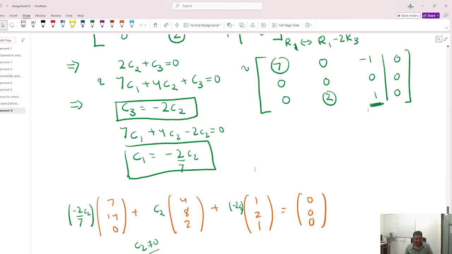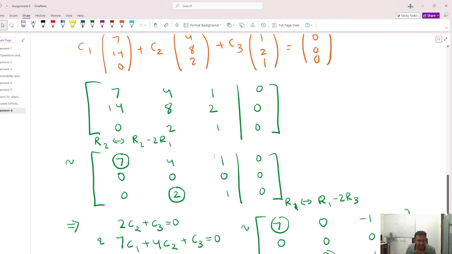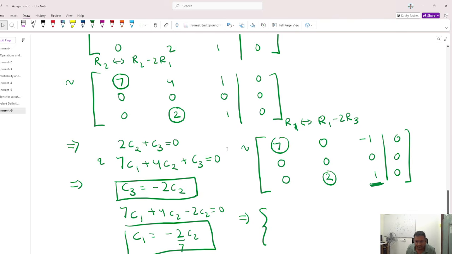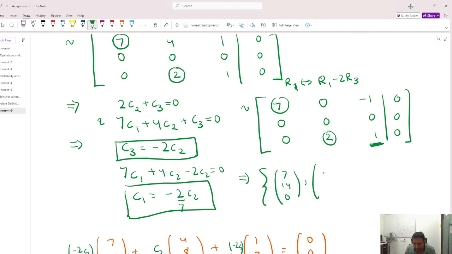The vectors corresponding to these columns are 7, 14, 0, and another vector 4, 8, 2, which is clearly linearly independent.